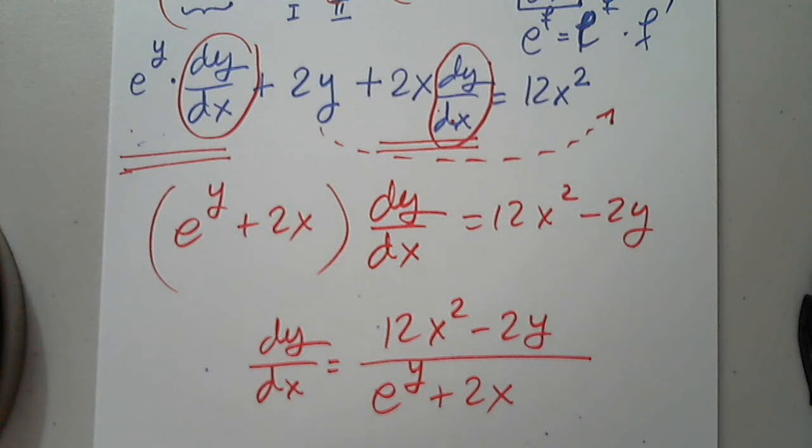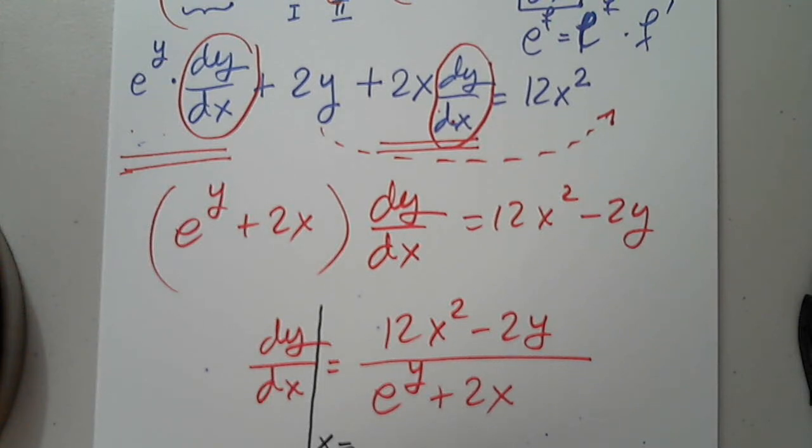So if you say, oh, big deal, what did you accomplish? You found the derivative of the function, but it depends on the function itself. Well, I can't do anything about it. But if you give me a point, if you say x is this and y is that, I can give you the number here.